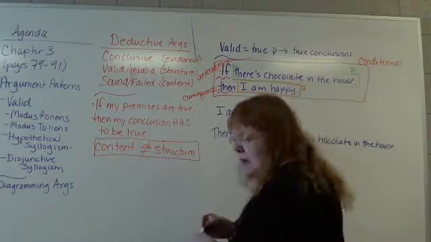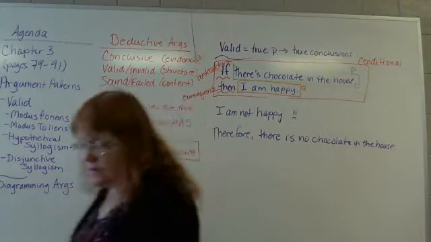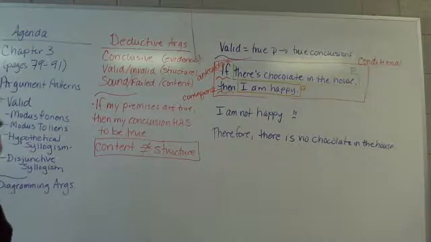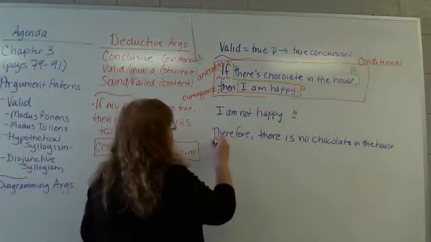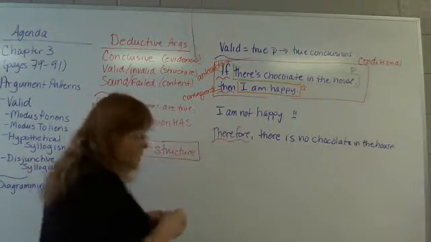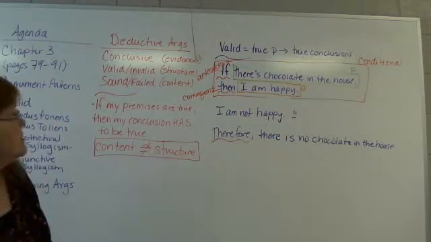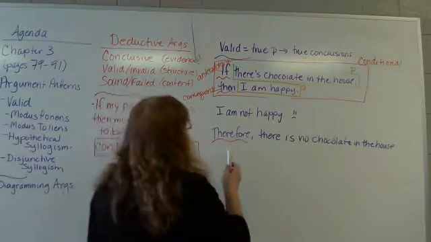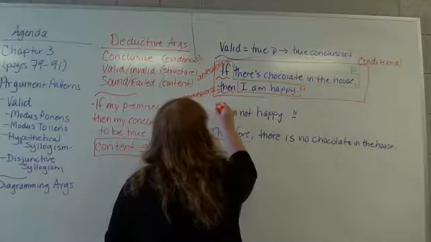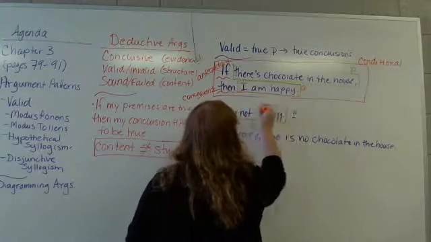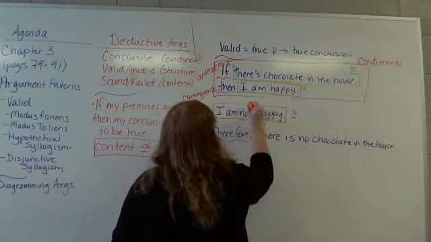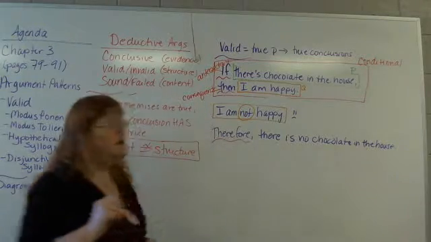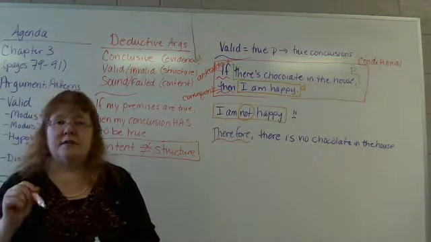Now, I get to do the same thing all over again. Again, I have my therefore. That's my conclusion. It's important to find. So I am not happy. I've seen that before, except with this. Watch out for the nots.